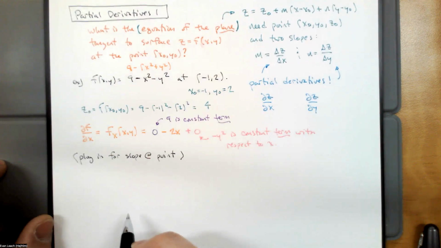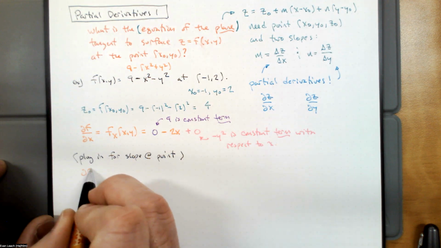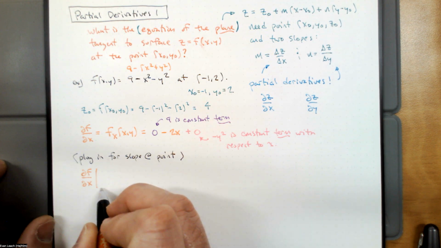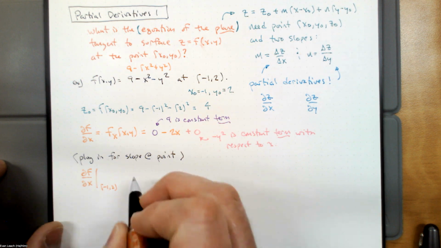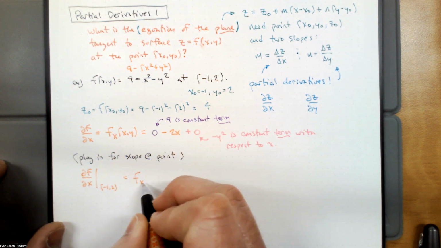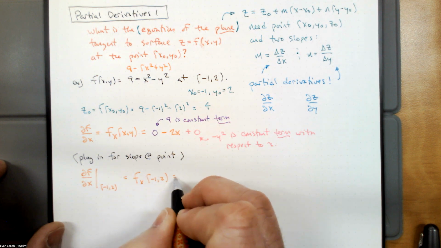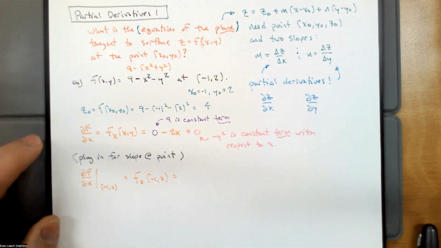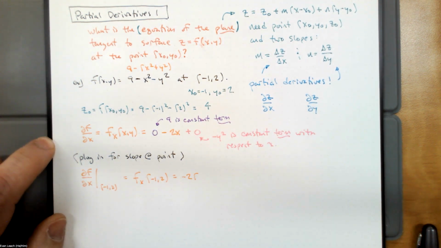In Leibniz notation, in case we need a reminder, if you put a vertical line, we'll say at negative 1, 2. Or in our prime notation, we just put the point in the parentheses. So if we want to evaluate Leibniz notation at a point, we just put the vertical line, the same kind of vertical line that we put after we do an integration. That just says evaluate this derivative at negative 1, 2. So that's going to be negative 2 times x, which in this case is negative 1.